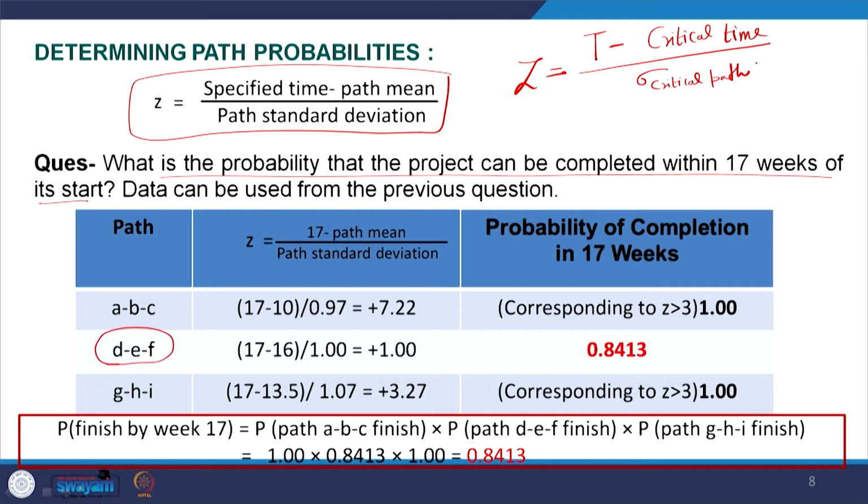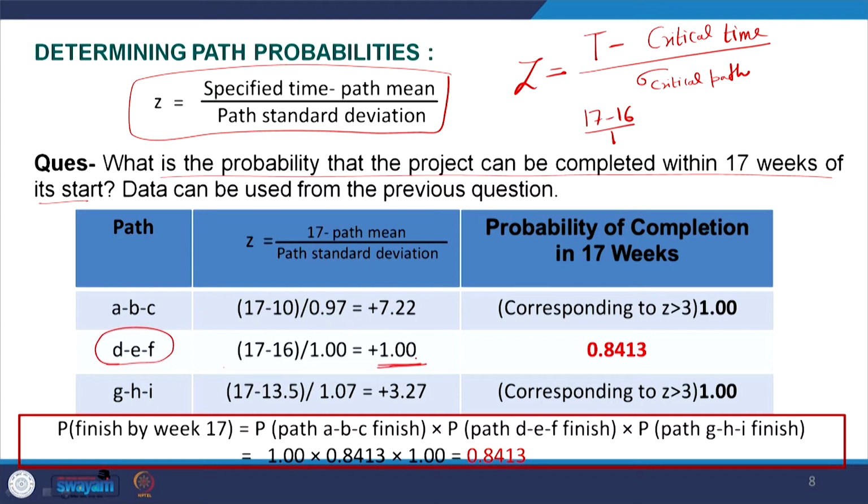Here, I have done this calculation: 17 minus 16, I want to determine whether the project is completable in 17 weeks, 17 minus 16 divided by 1. So, the value of Z is coming 1.